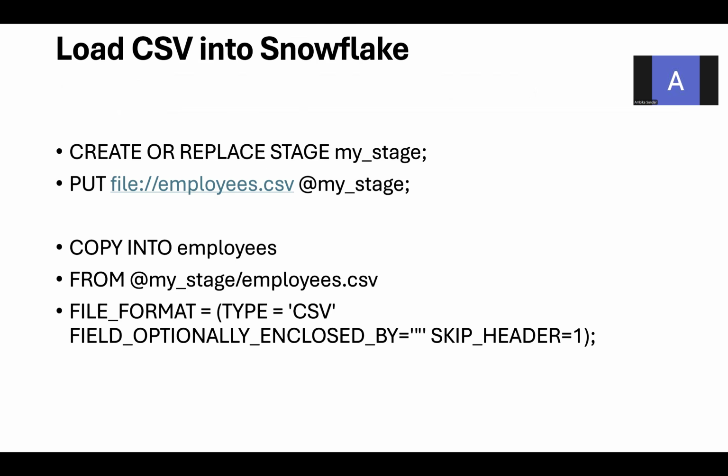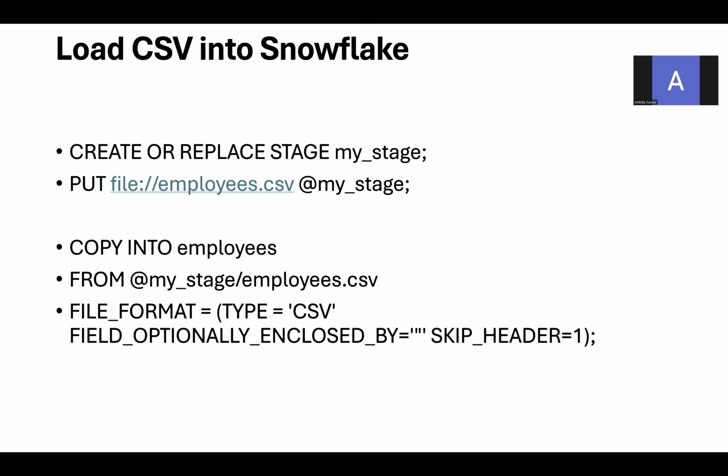Now load the CSV file into the Snowflake data warehouse. For that, first you have to create or replace the stage, my stage. Then you have to put the file. When you take the file from the local file system, you use the put command to put this file into my stage. In the file path, you give the local path where exactly you have stored your file.